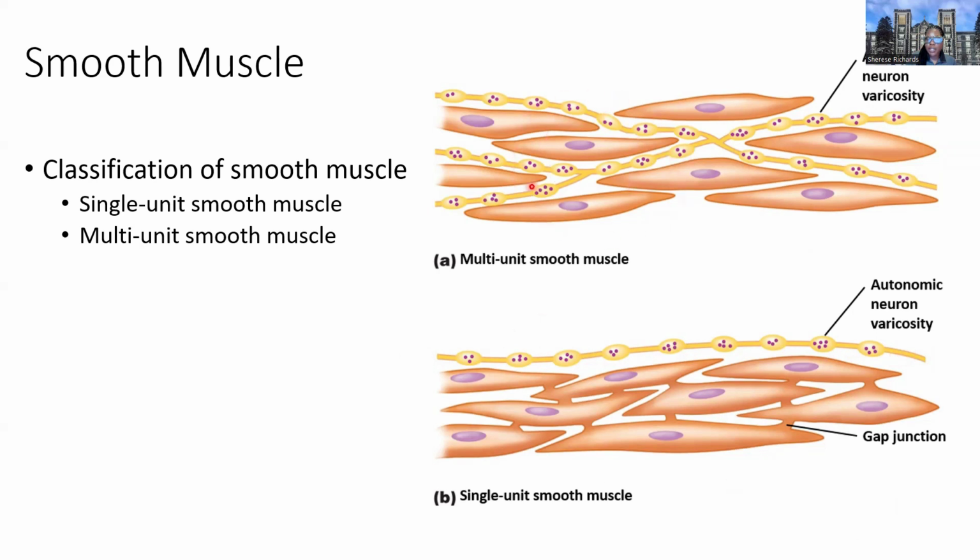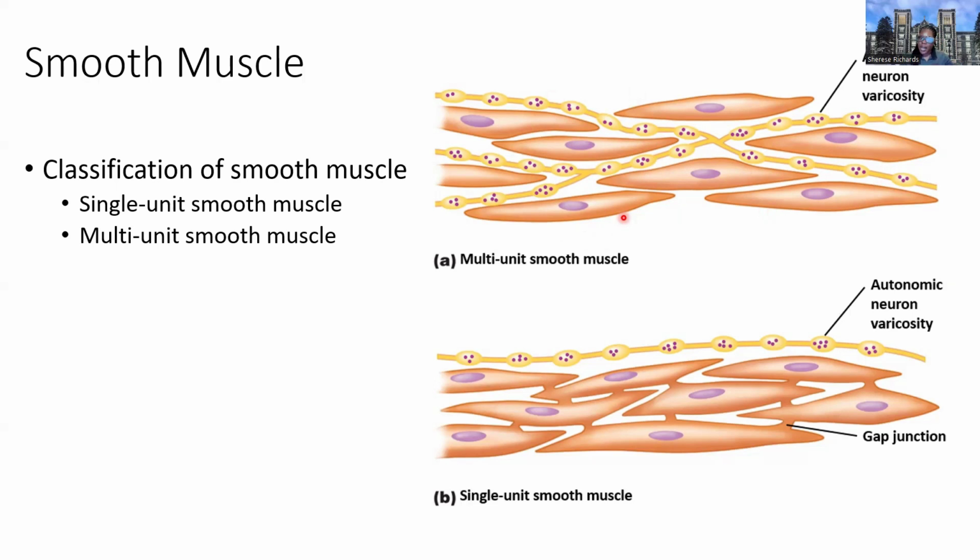Comparatively, we have the multi-unit smooth muscle. Multi-unit smooth muscle has neurons that are going all throughout the muscle to engage with each individual cell separately. We don't have the extensive gap junctions that are connecting the muscle. And so we're going to see this in parts of the body where we want a more customized contraction that's unique to specific areas.